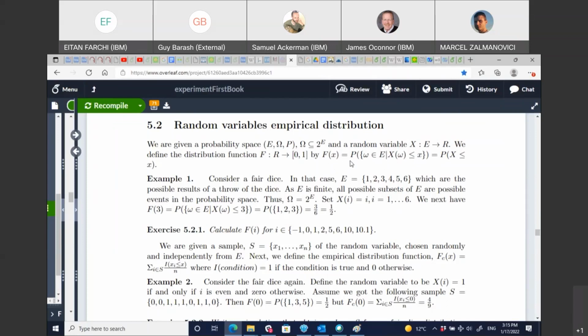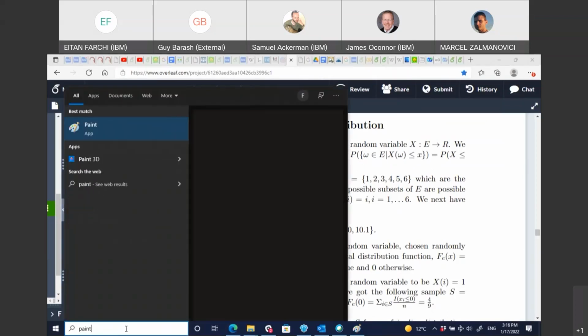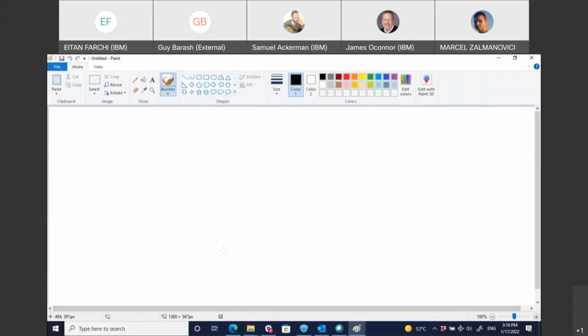So if you have a density, this will turn out to be the integral of the density up to the point x, from minus infinity to x. Okay. In other words, what Sam is saying is that what I'm talking about here is the distribution function at x, which is the probability of the random variable getting a value that is less than x.